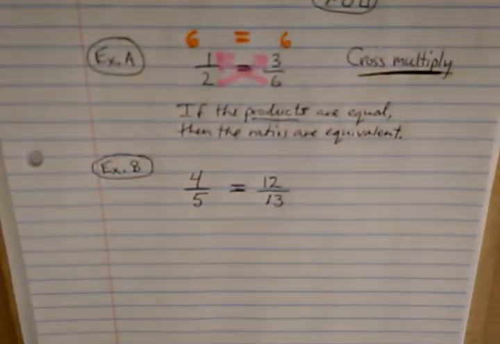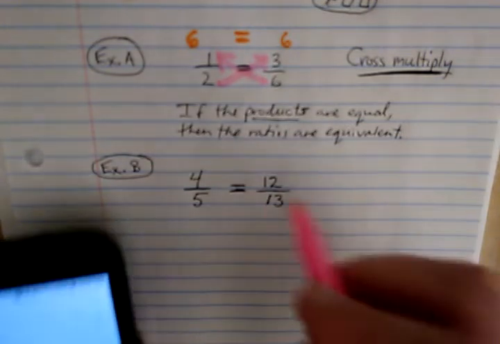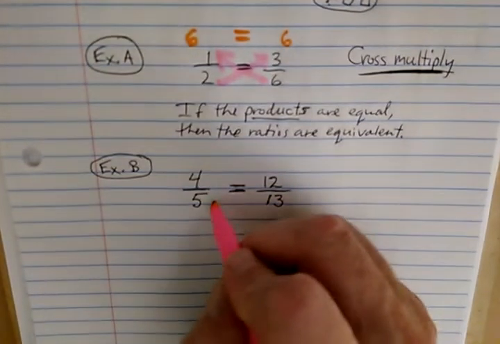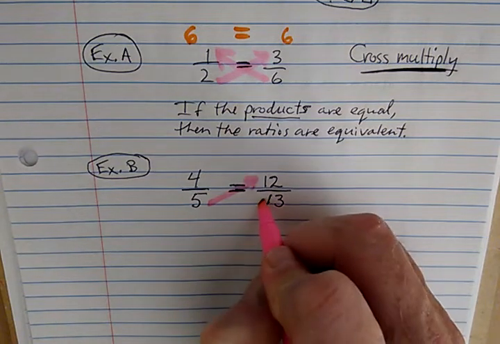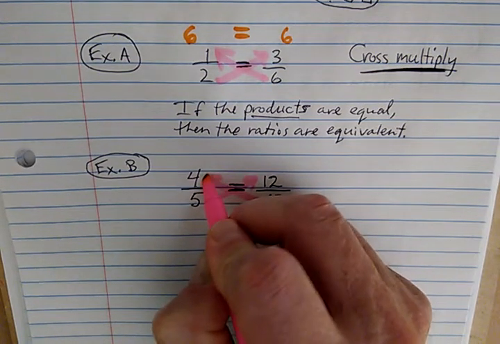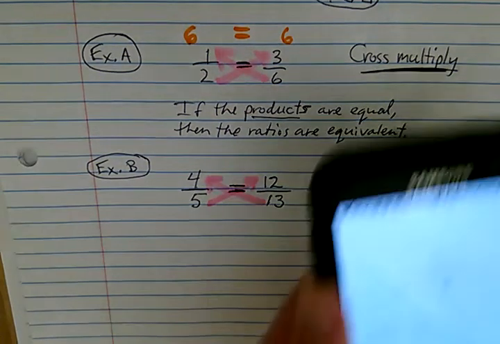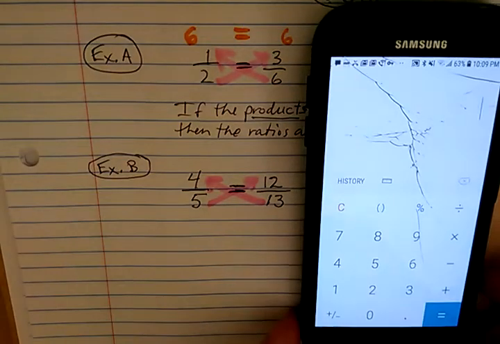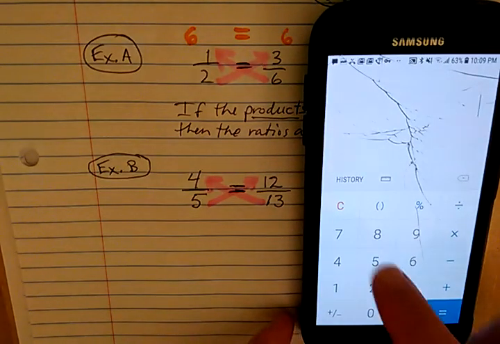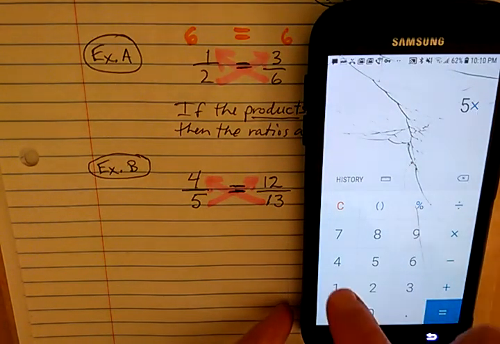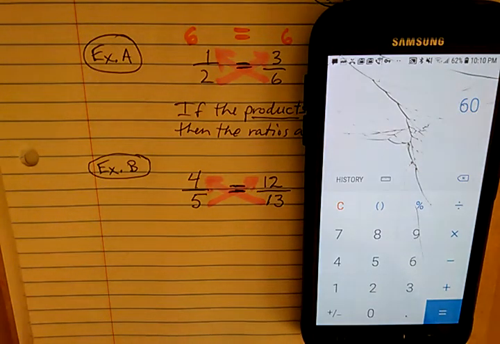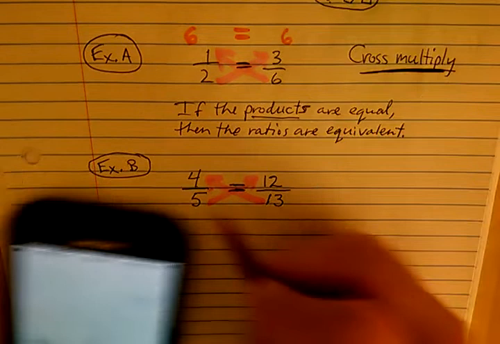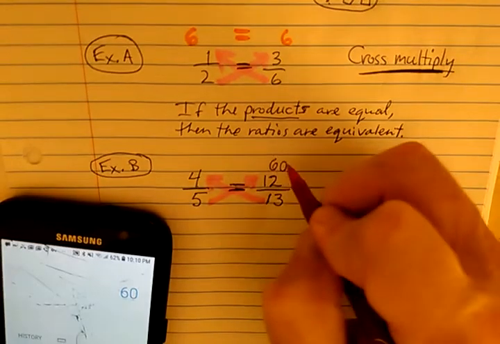So I'm going to use my calculator to do the cross multiplication. So remember, what we do is we go from the bottom up diagonally. So we would do the 5 times the 12, and we would do this 13 times the 4, and see if they come out to be equal. So let's do the multiplication. I'm going to do 5 times 12. Some of you have that memorized. What's 5 times 12? 60. Okay, so I'll write that down. 5 times the 12 was 60.